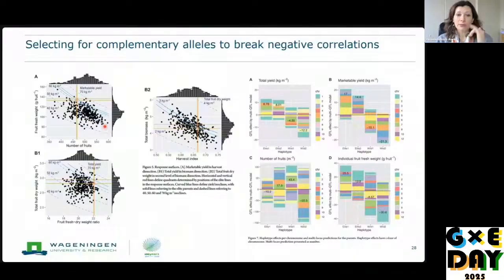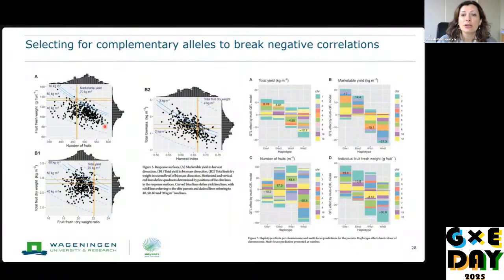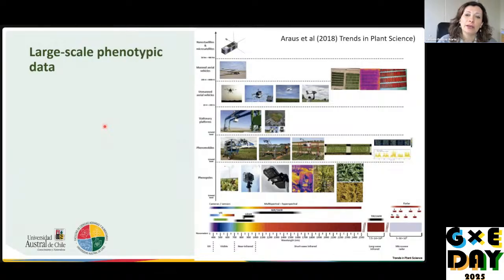So here we are dealing with some static dissections, and we are trying to connect those static dissections with QTLs, but I need to speed up a little bit, I think, to yield components. What we can also look at is phenotypic data over time.